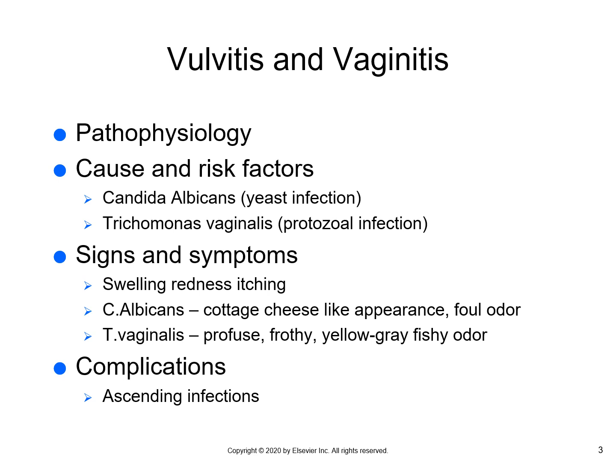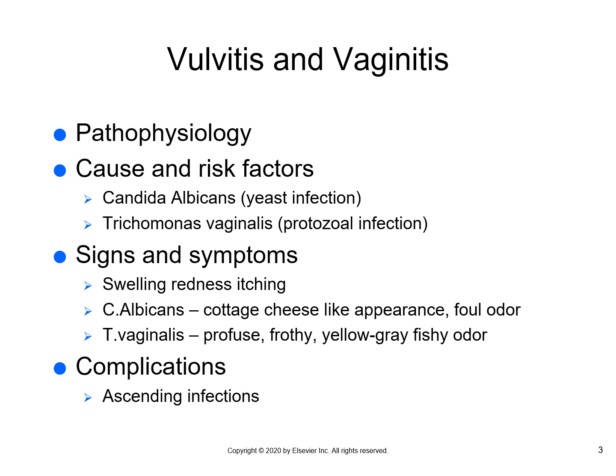So depending on the causative agent, the vulvitis may be viewed as an infection, as a local manifestation of a general skin disease, as a reaction to a chemical irritant or allergen, or just as a common consequence of the aging process itself. Signs and symptoms would be swelling, redness, and itching.